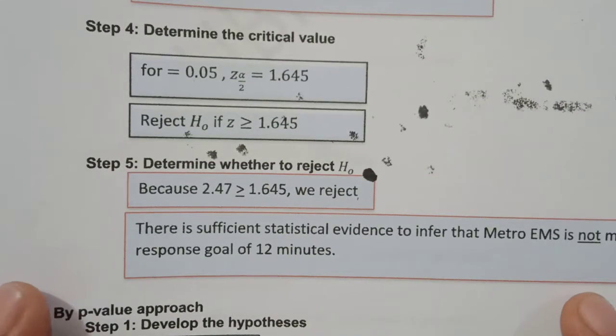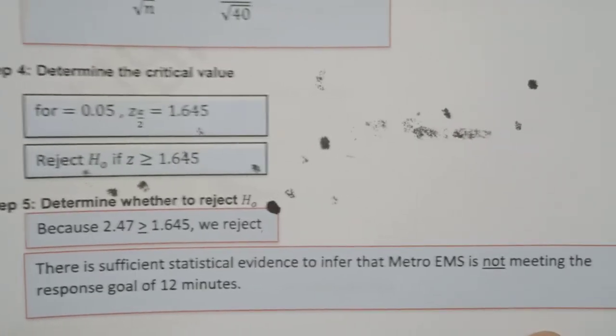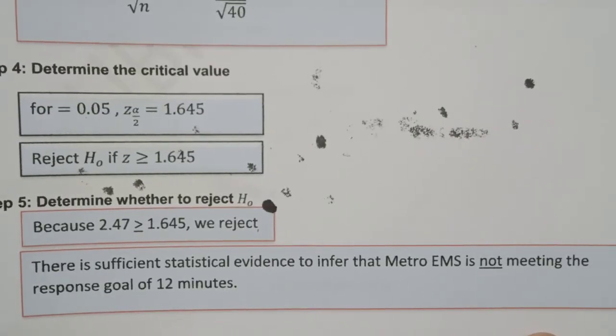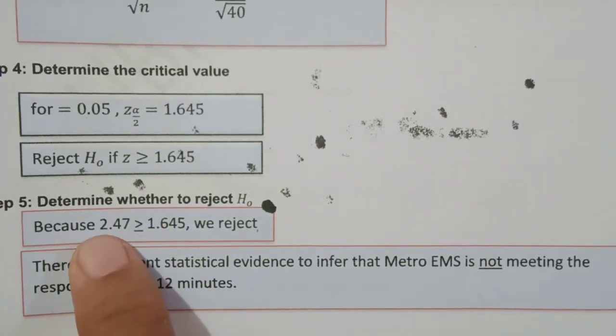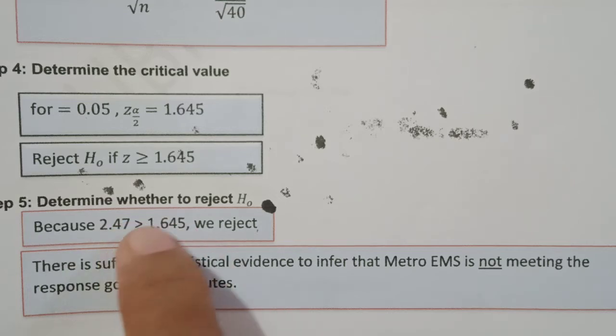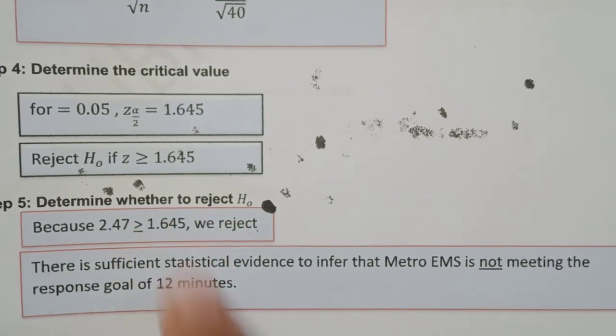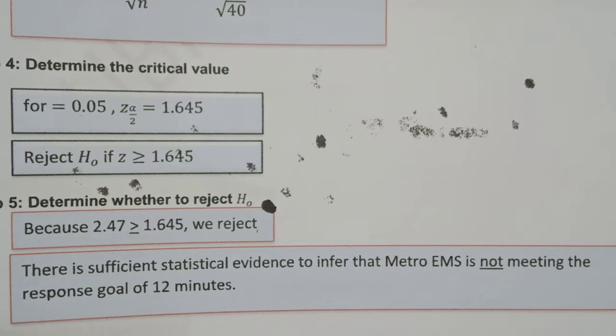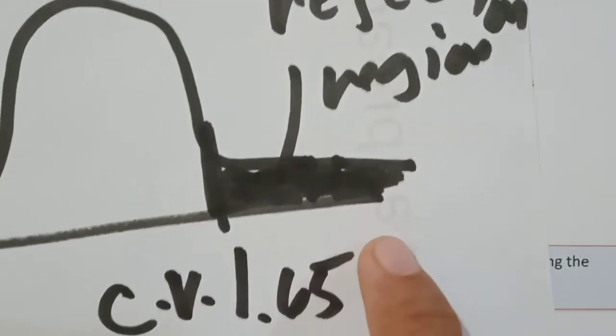So, step 5, this is now your decision. Dahil yung na-compute na Z ay greater than or equal to 1.65, nandun yan sa critical region.